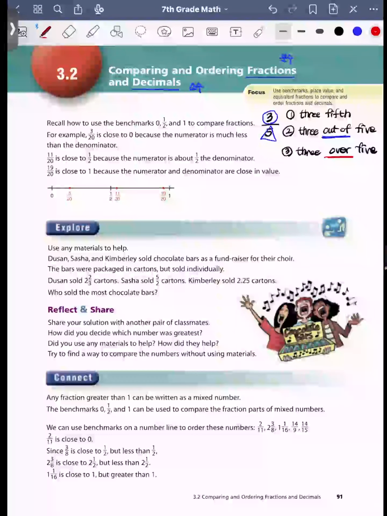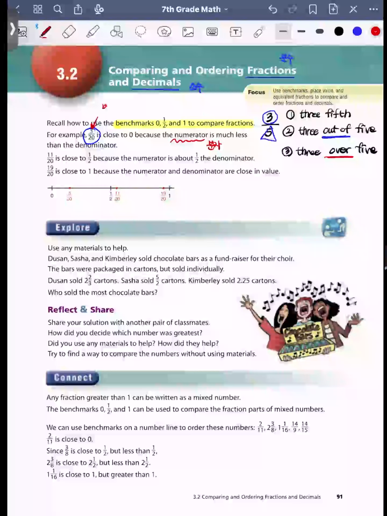Now let's get started. Let's recall how we used 0, 1/2, and 1 to compare fractions last time. For example, 3/20 is close to 0 because the numerator, what's the numerator? Numerator means 분자.